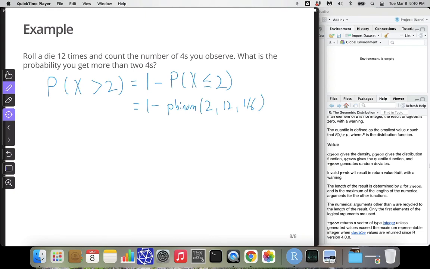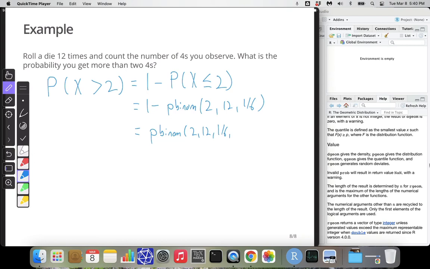And since this is the complement of a percentile, we know that we can also use the lower.tail argument. So this will be the same thing as pbinom 2, 12, 1/6, lower.tail equal to FALSE. Let's go through and actually make those calculations.